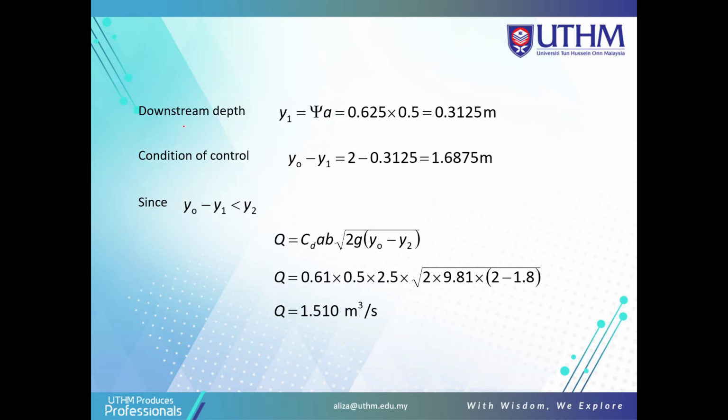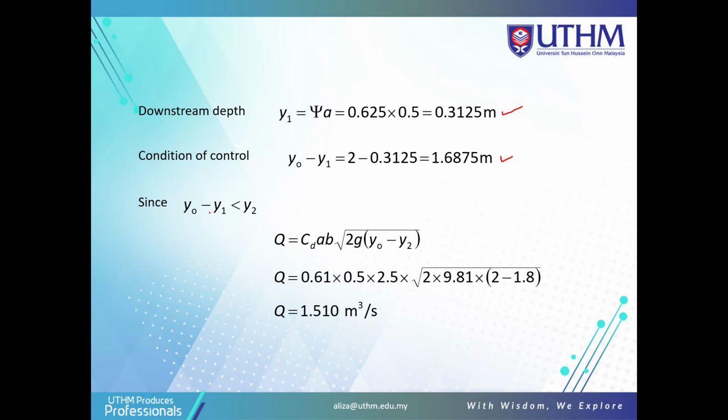Now you just use the Y1 here. The symbol is actually the coefficient. So Y1 is the coefficient times a, the coefficient of the vena contracta, so 0.625 times 0.5, and you get this value. For the condition of control, you get Y0 minus Y1 equal to 1.6875 meters.